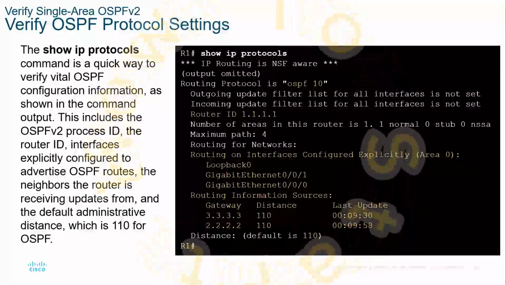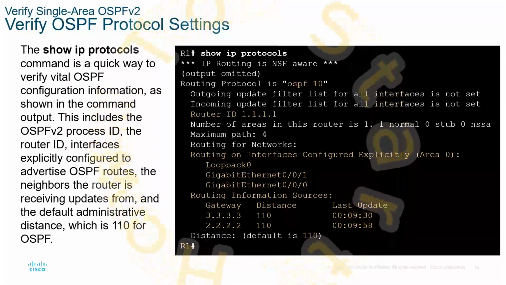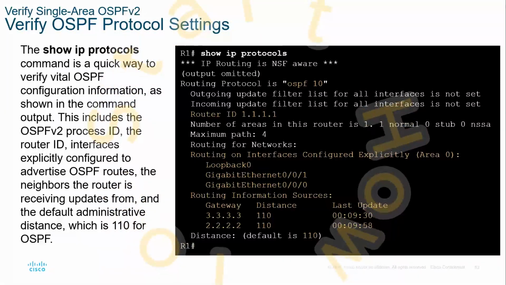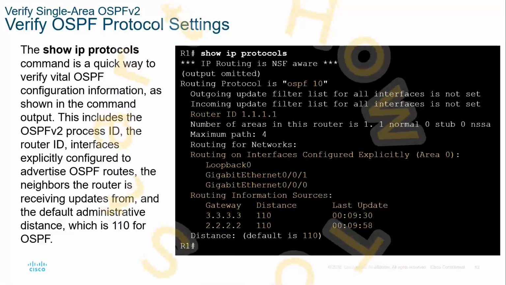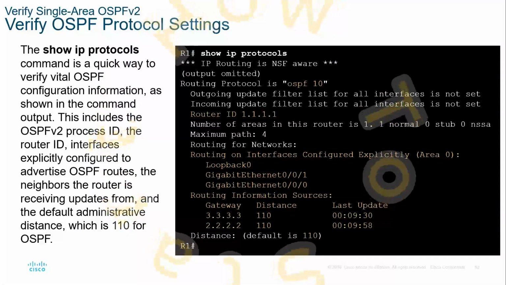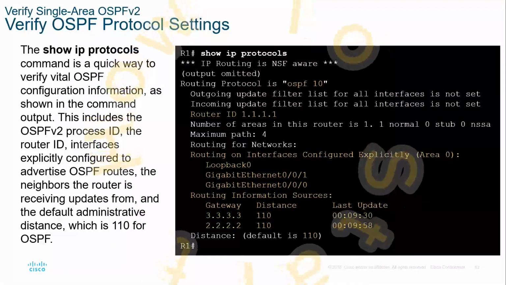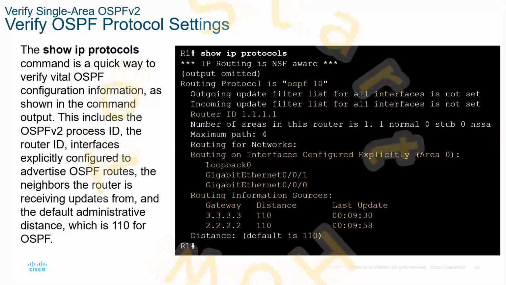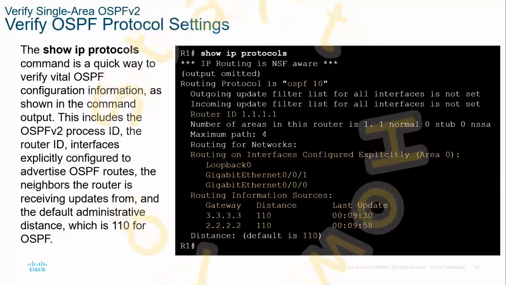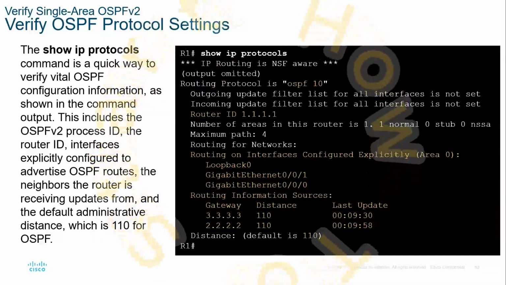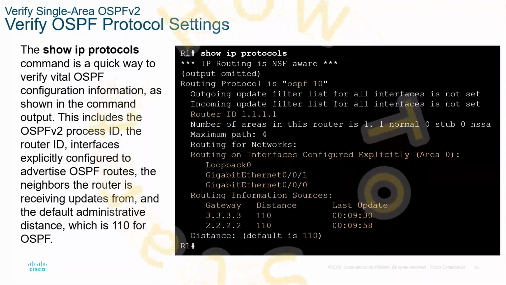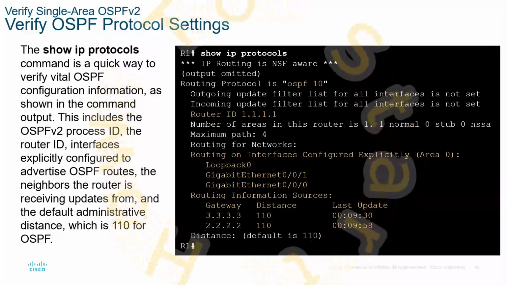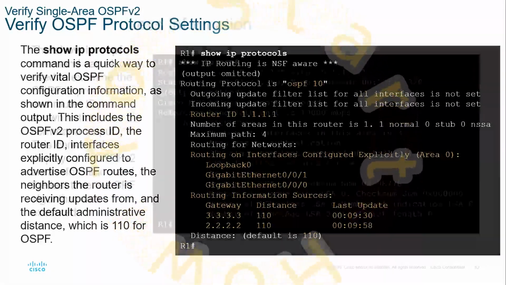Doing things like show ip protocols will give us our routing protocol ID, our router ID, and our interfaces, and it will also let us know if those interfaces are in an area or not receiving hello packets because you might have accidentally set them as passive. So those are all good reasons to use the show ip protocols command.